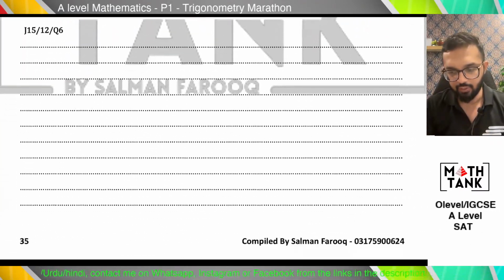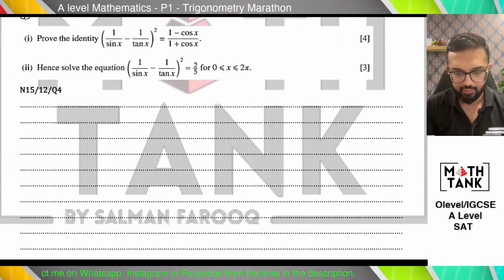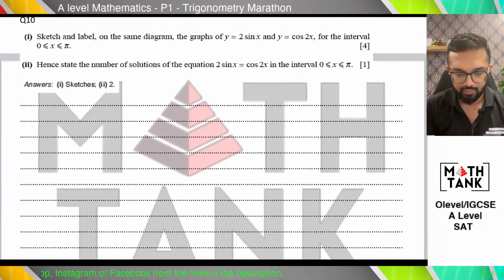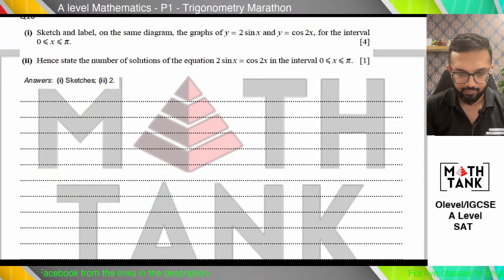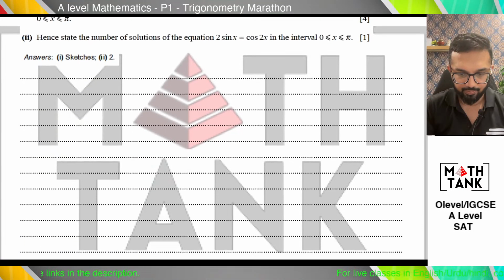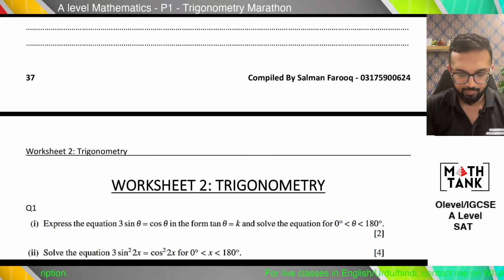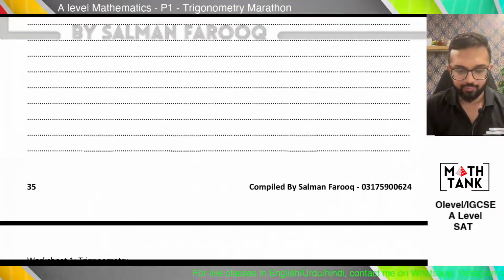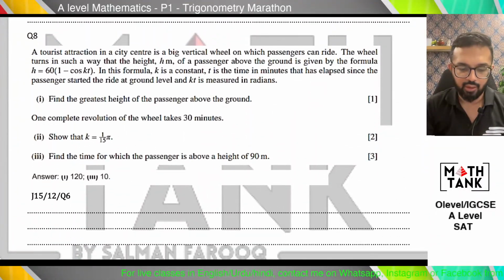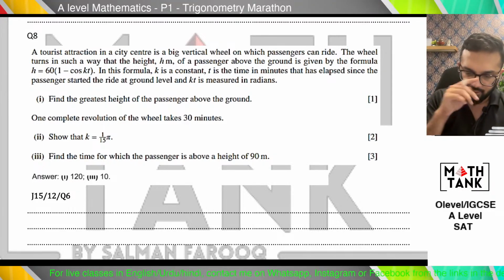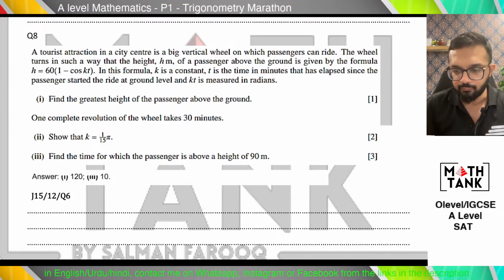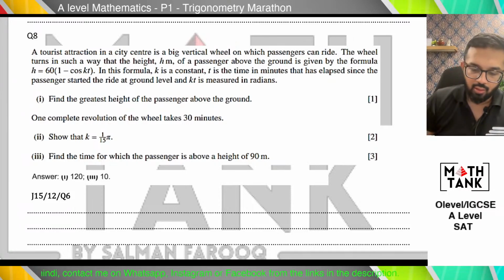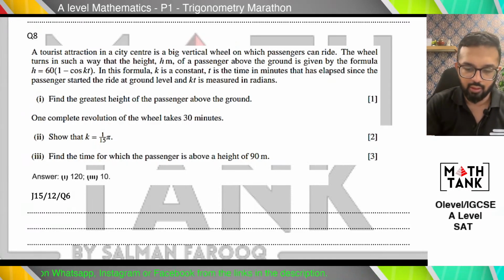Then I have question number 8. A tourist attraction in a city is a big vertical wheel on which passengers can ride.